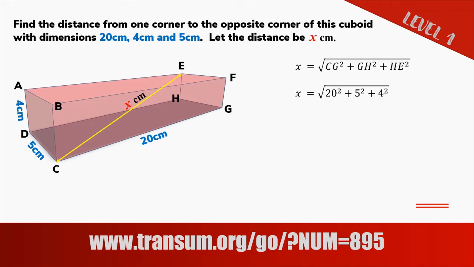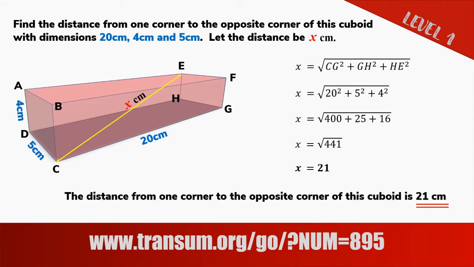So I can put the values in, the 20, the 4, and the 5, and then do the calculation and get X is 21 centimeters, and that is the length of the diagonal from corner to opposite corner, or vertex to opposite vertex, of that cuboid.